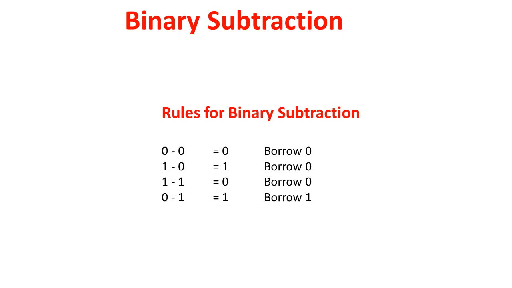In the case of binary subtraction, there will be no carry to be taken forward to the next column, but in case of subtracting 1 from 0, we have to borrow a digit, that is 1, from the next column. So in case of carry, we have to borrow 1 from the next column. So let us understand the binary subtraction from the examples.